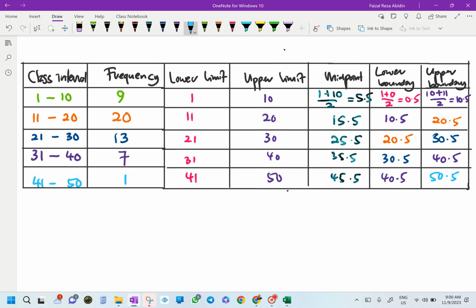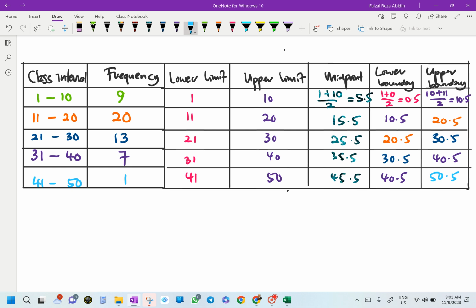And one more. It's not here, it's not asking here. It's going to be cumulative frequency. Cumulative frequency, you are going to take from your frequency table here.